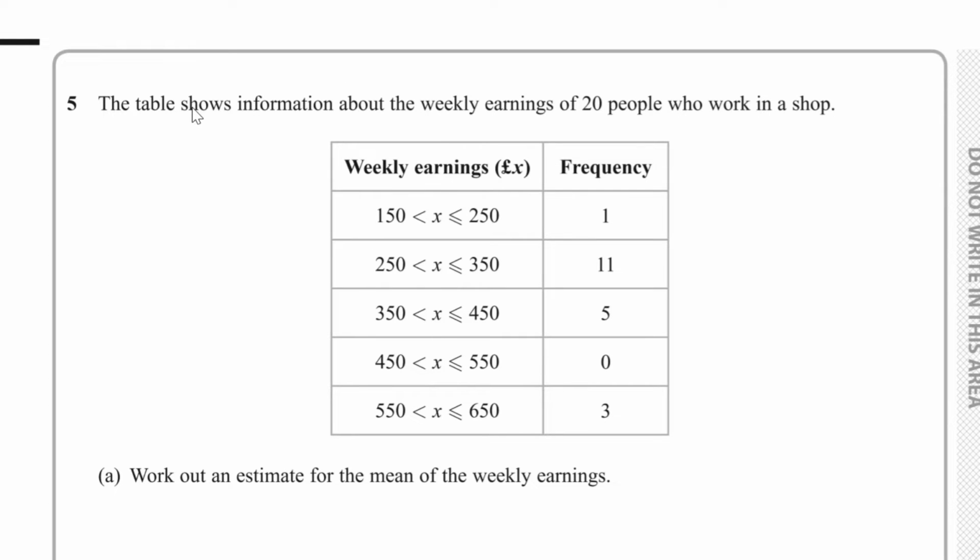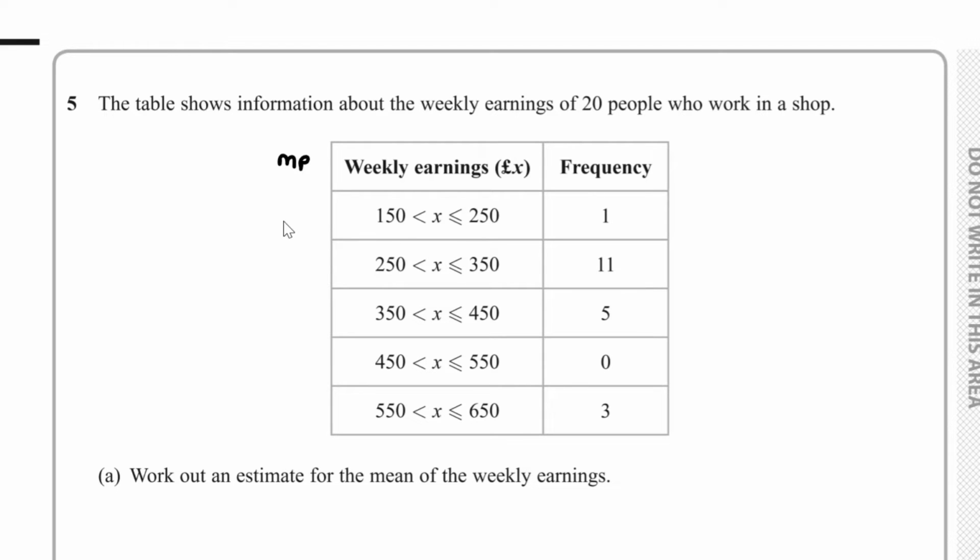Question number 5. The table shows information about the weekly earnings of 20 people who work in a shop. So we've got the weekly earnings, we've got the frequency, and for part A we have to work out an estimate for the mean of the weekly earnings. So to work out the estimate for the mean, we first of all need to define the midpoint.